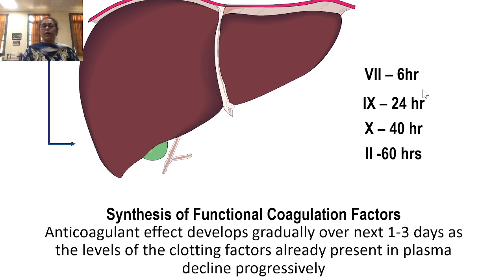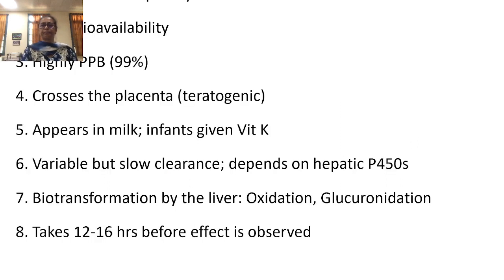Factor 7 remains for 6 hours, factor 9 for 24 hours, factor 10 for 40 hours and factor 2 for 60 hours. Once synthesized, they remain and continue to produce their effect. But when we give warfarin, further synthesis of these factors is interfered with, so the anticoagulant effect develops gradually.